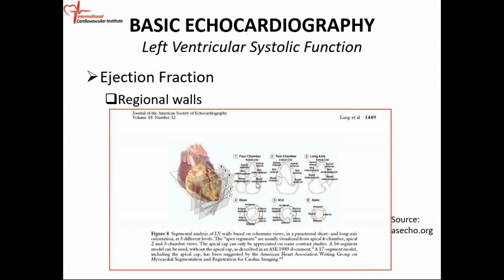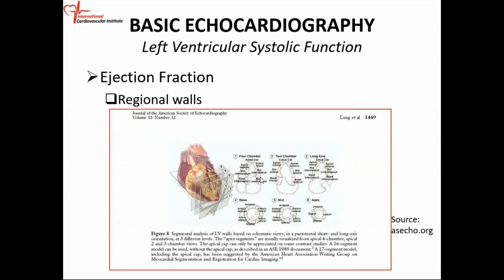Okay. We also divide the apical 4-chamber view the same way. If you remember, this is the lateral wall, and this is your inferior septum. So this is your inferior lateral wall, and this is your inferior septum. The lowermost portion is the base. This is the mid segment and the apical segment.